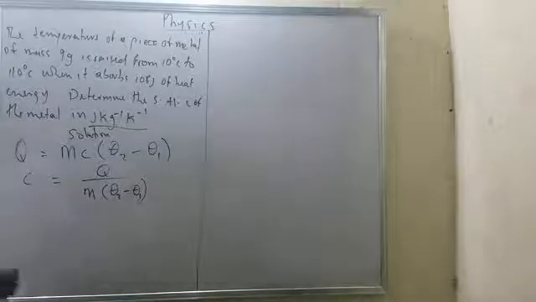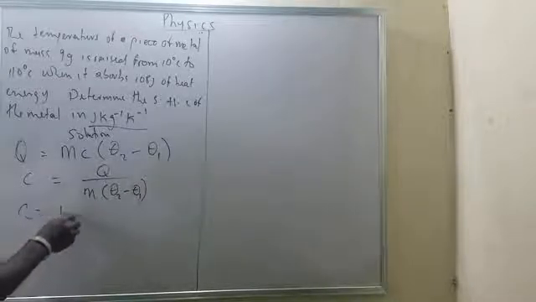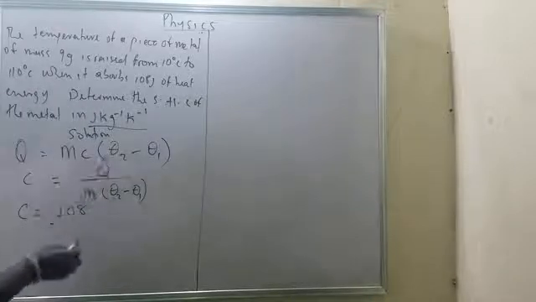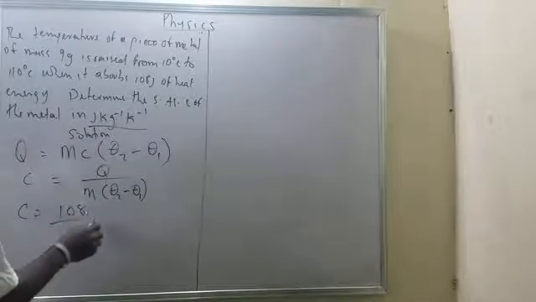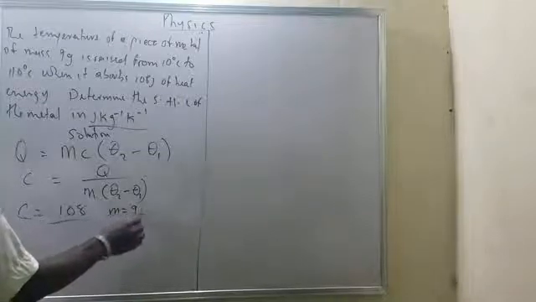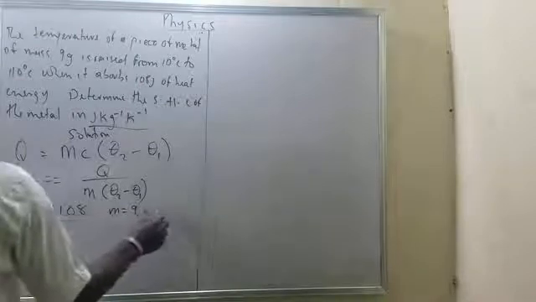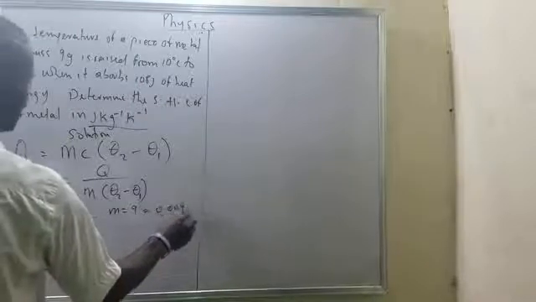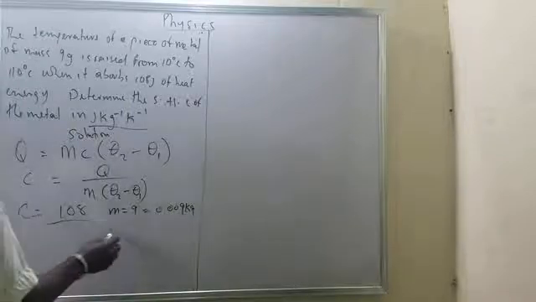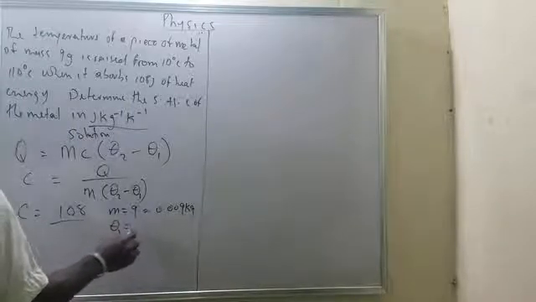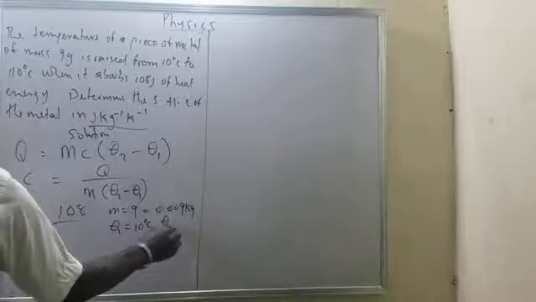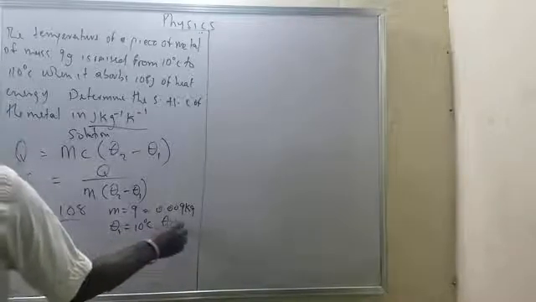It means at this point you can put in your numbers. My mass is 9 gram, which I will convert to kilogram, 0.009 kilogram. My theta 1 is the initial temperature, my theta 2 is the final temperature.